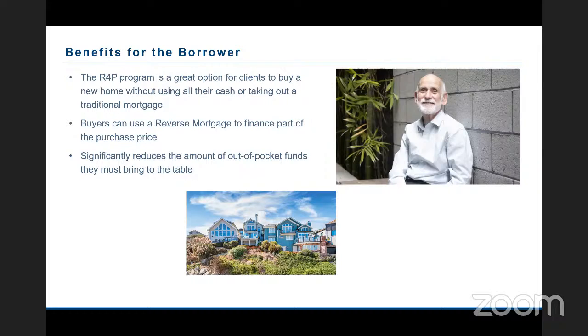So we're hoping that more and more older adults will look at the reverse for purchase as a good option. Buyers can use a reverse mortgage to finance part of that purchase price, and it significantly reduces the amount of out-of-pocket funds that they must bring to the table so they can preserve those other assets and investments.